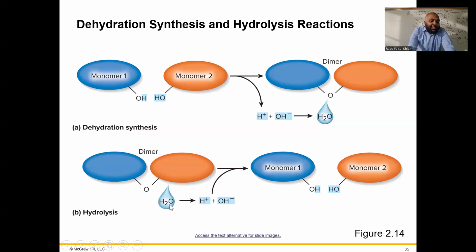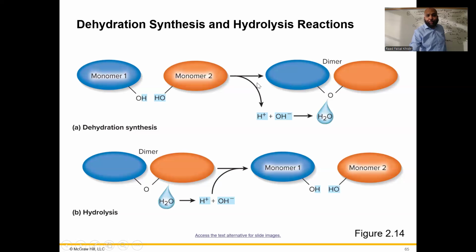But in hydrolysis, we split, so we add water. So you need to know when we add water, when we remove water. We add water when we want to split. You see, right here, we added water. You see the arrow? The arrow is pointing in. So we added water to split blue from orange. We got two monomers. And here, we removed water, and that led to the joining.